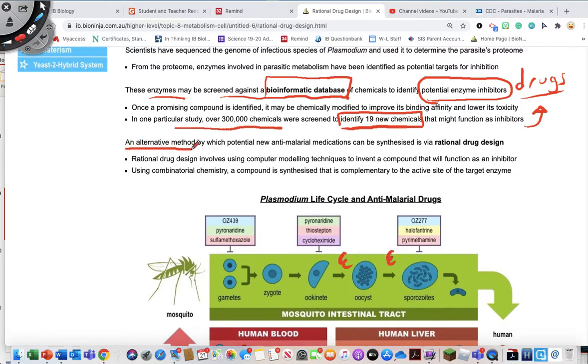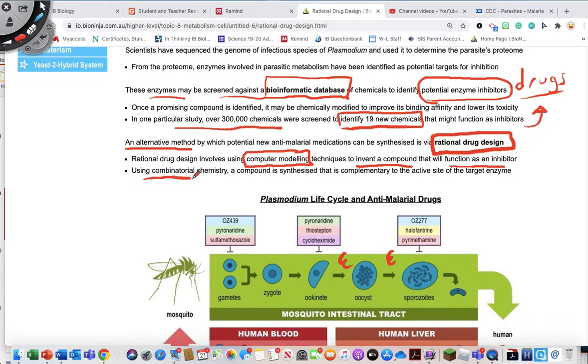An alternative method by which new drugs or medication for malaria can be synthesized is also known by the term rational drug design. In this type of method, you use a computer modeling technique. In this modeling technique, you're going to invent a compound that you think will function as an inhibitor or drug.